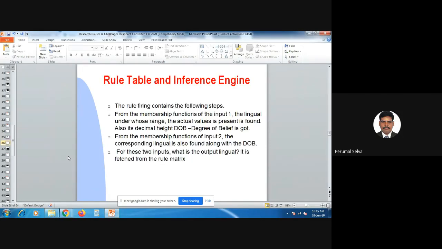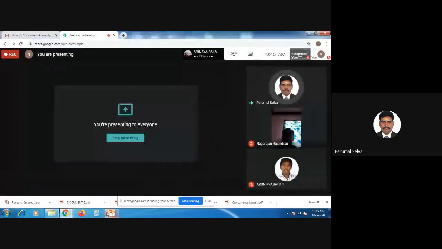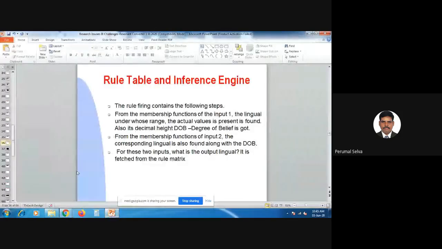So, fuzzy rule table and inference engine. The rule firing contains the following steps. From the membership function of input 1, the linguistic variable under whose range the actual value is present is found. Also, its degree of belief is obtained.